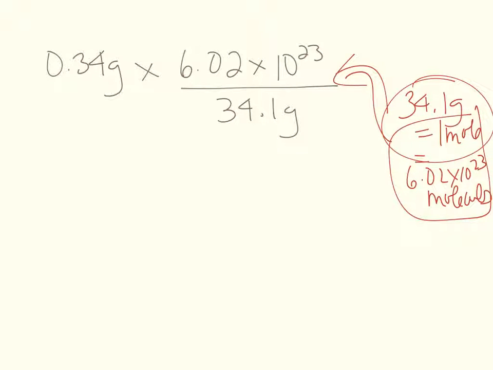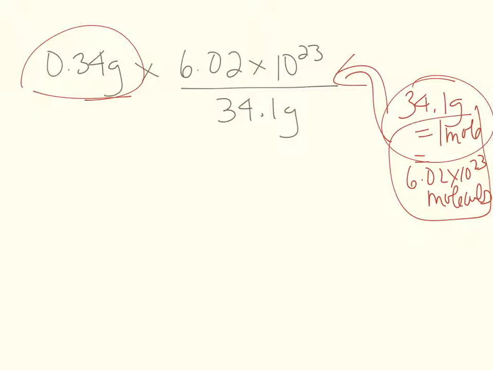Where the 0.34 comes in is the fact that we don't have 34.1 grams of this sample. It would take 34.1 grams to have a total of 6.02 times 10 to the 23 molecules, but we don't actually have that. So that's why we're going to multiply that number by 0.34.